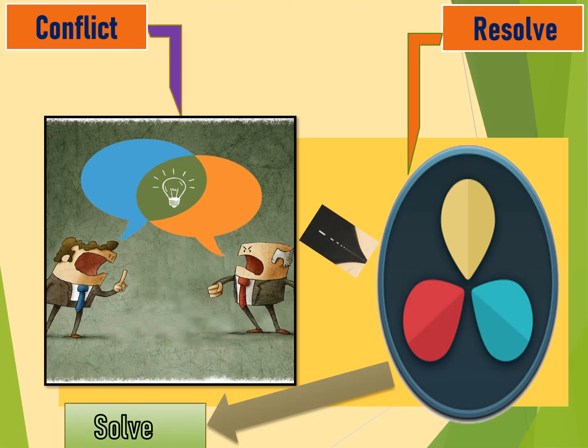During this stage, conflicts may arise, which we should also consider resolving in order to get the proper solution. So now, after these two stages, we need to embark on a solution, that is our third stage, solve.